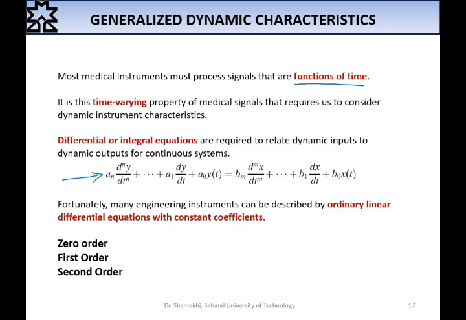We will not describe the details of these types of systems, but you should be able to use these systems. You should be able to utilize, for example, the second order to describe a signal, to describe a phenomenon, and also you should be aware of the difference between the zero order, first order, and second order systems.